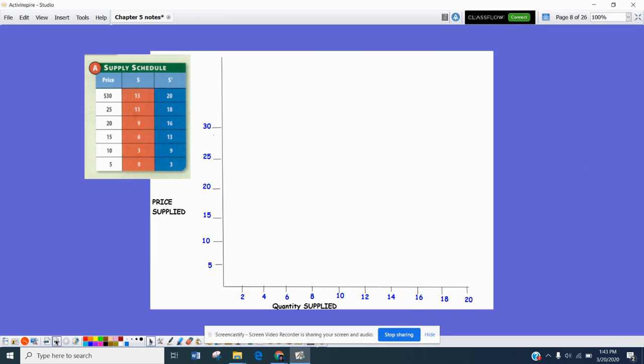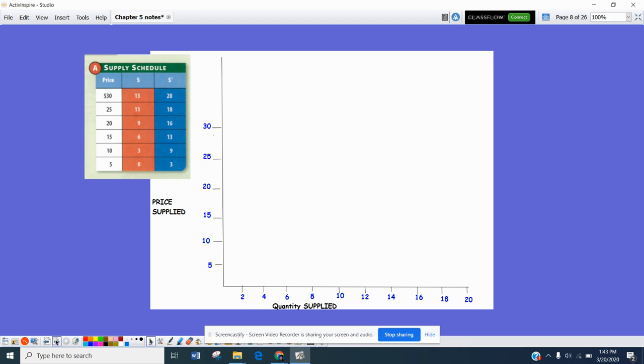So I'm going to give you some examples here. And rather than you charting this out up on the board, I'm just going to show you where this would go. We have a supply schedule and we have various prices from $5 by $5 increments, 10, 15, 20, 25, 30 for various items that are going to be supplied. And you can see one of our schedules isn't going to offer anything for sale at $5 because that's pretty cheap.